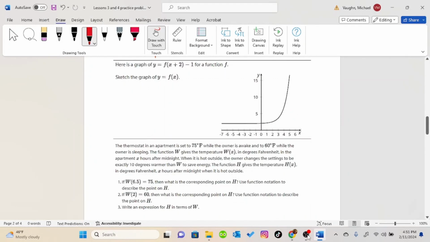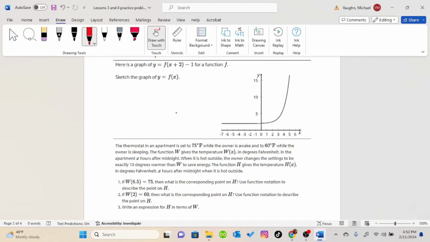Here is a graph of y equals f of x plus 2 minus 1 for a function f. Sketch the graph of y equals f of x. So what they're saying is that the graph they have drawn, if this is plus 2, that means this graph has been shifted left 2 units from the original.